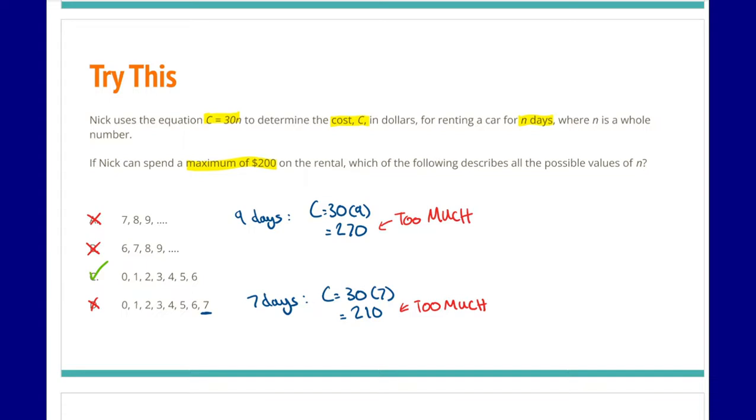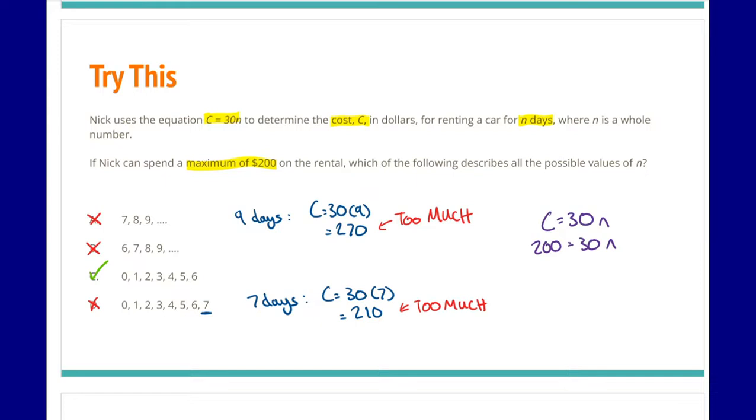the most correct. Now there is another way that we could solve this, right? I can actually use the equation C equals 30n. The most I can spend is 200, so that means that 200 would be my cost.